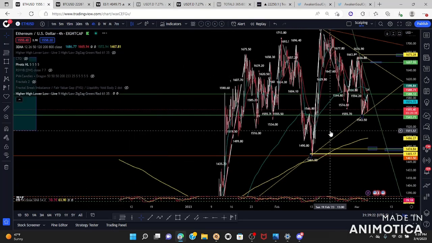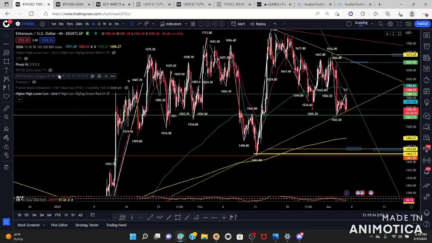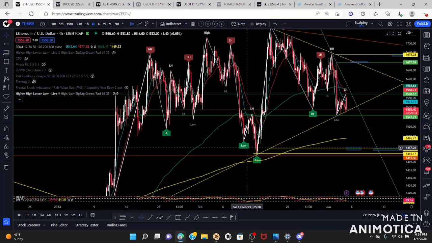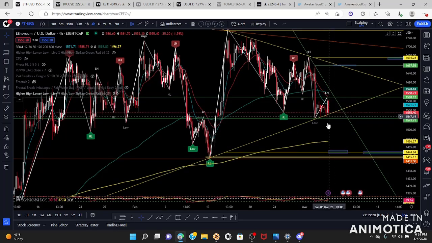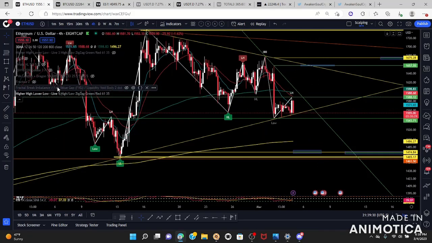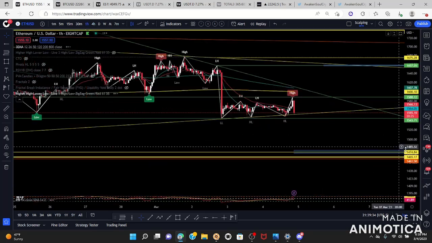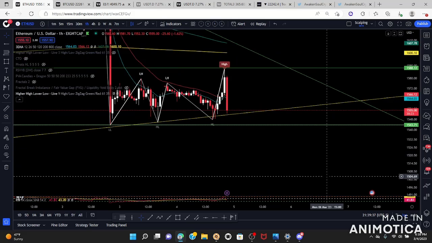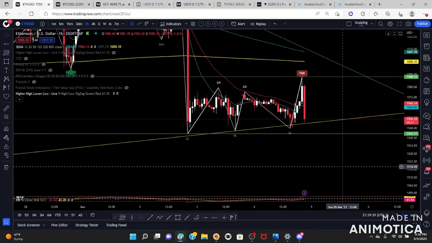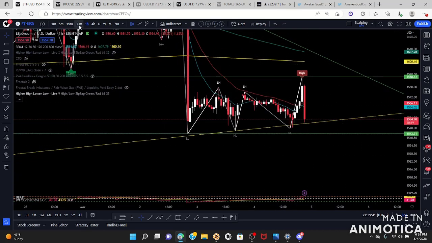Okay, so one thing that I like to do when I'm also trading, when I'm in my 4 hours, is go into your 1 hour and just visualize it. It's hard with this wick right now. Go into your 30 minutes.